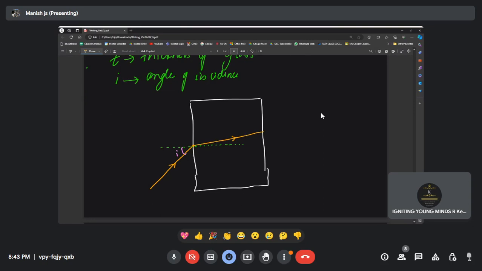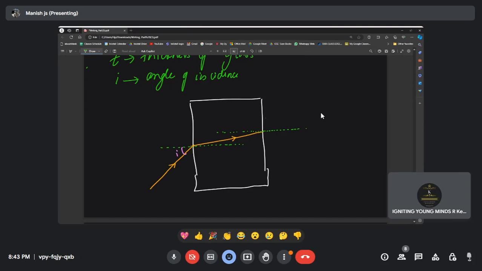Okay, so once it has traveled there, again we are going to show the normal at that particular point as well. So at this point also we show the normal. Now, what happens here?